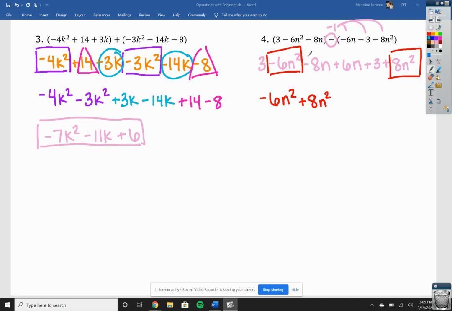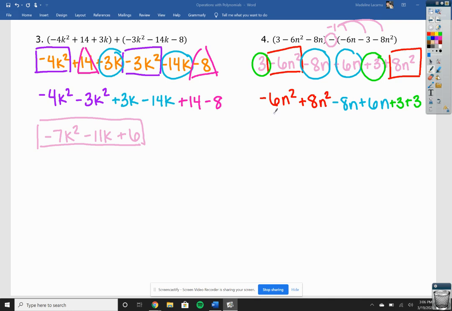And then we go to our next ones, negative 8n and positive 6n. And last, we have positive 3 and positive 3. Now we just combine these like terms.